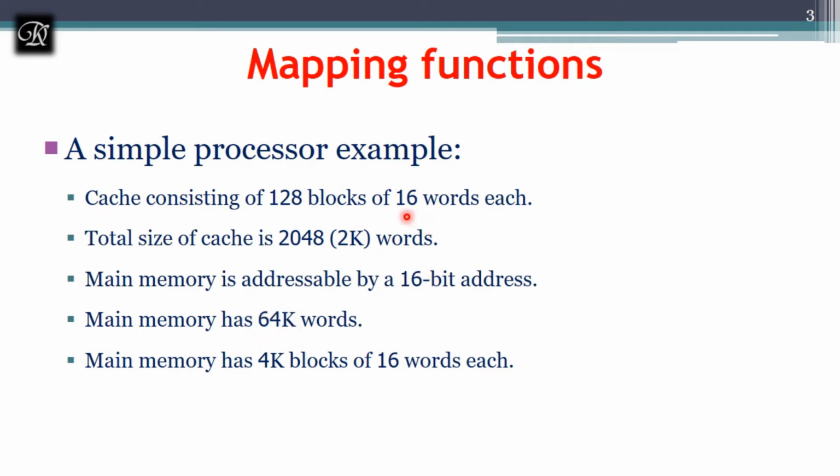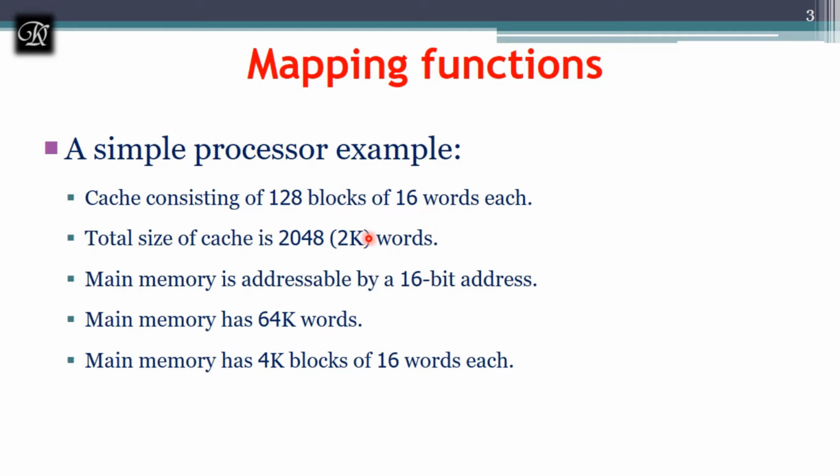And we know the word size. The word size will not vary from RAM to cache. The word size is fixed. Whatever word size we take, that is fixed from RAM to cache. It will not vary. It is already told that there are 16 words in each block. So what do I have to do now? Take the same 16 words and divide this 64K by 16.